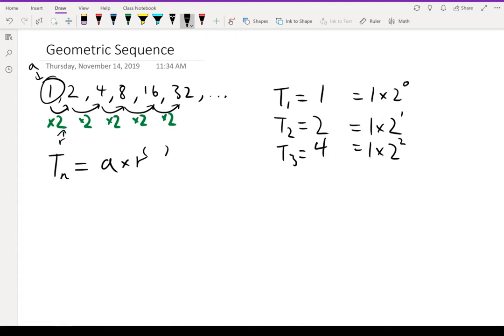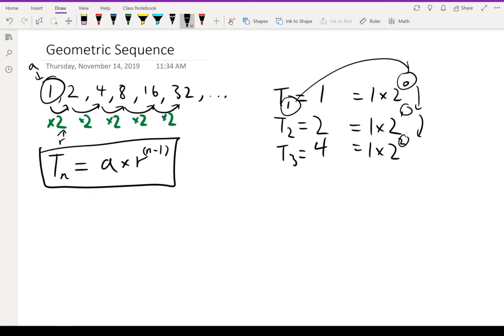You can see it starts off at 0, then goes to 1, and then 2. So if the term is 1, the power is 0, so this is n minus 1. And this is the general formula of a geometric sequence. It's similar to arithmetic sequence, but instead of add, this is multiply.